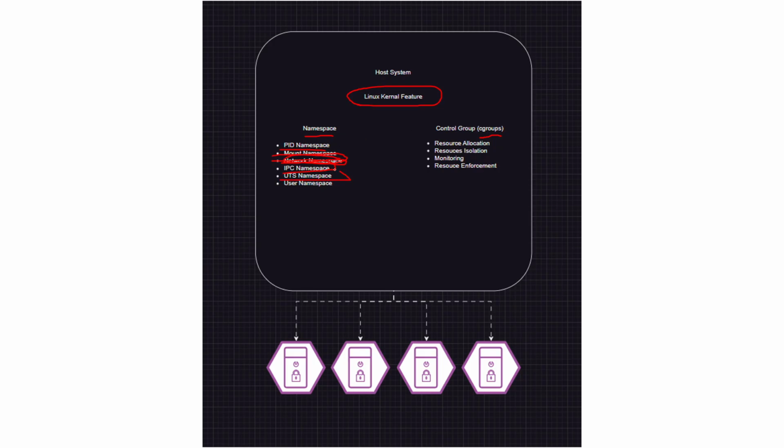In terms of the UTS namespace, the UTS namespace isolates the system identification and the host names. The processes in different UTS namespaces can have distinct host names, preventing conflict and providing a unique system identification within a namespace. The next one is the user namespace.